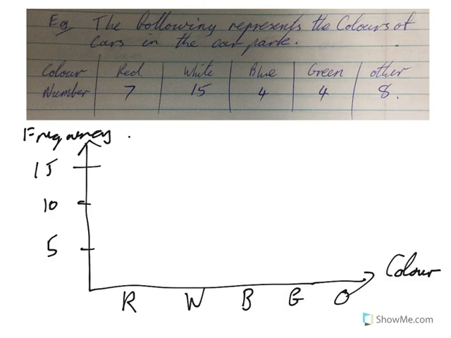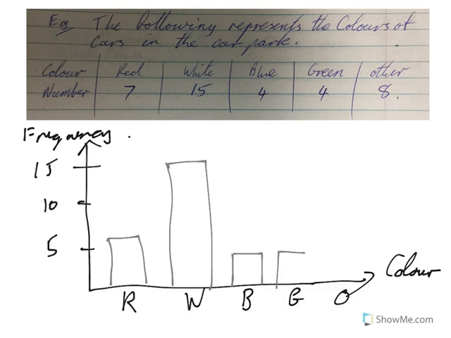The red bar goes up to 7, so 7's about there. The white one goes all the way to 15. The blue one goes to 4. The green one's also 4. And the other one, that's up to 8, like so.